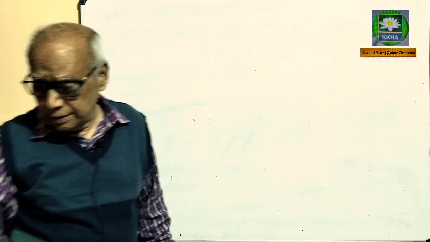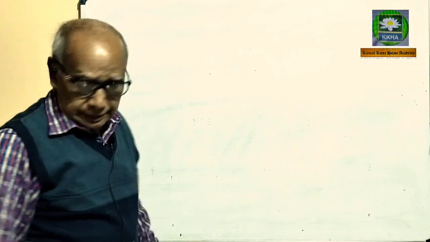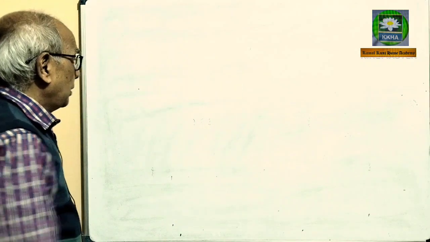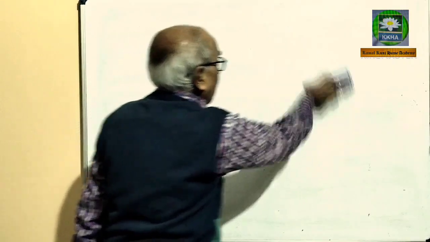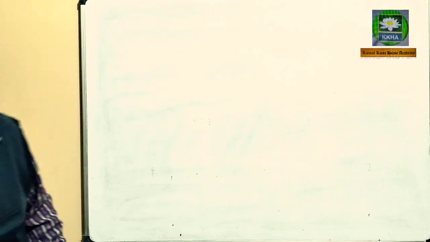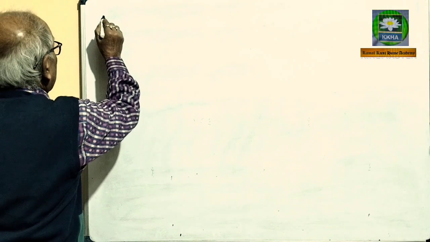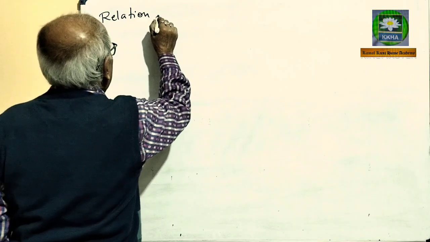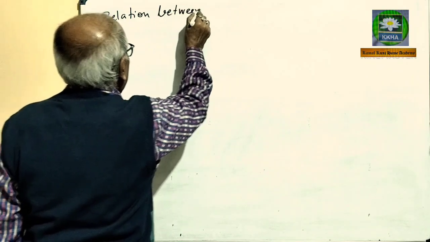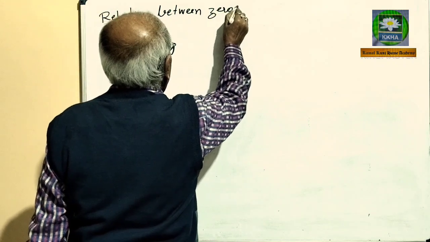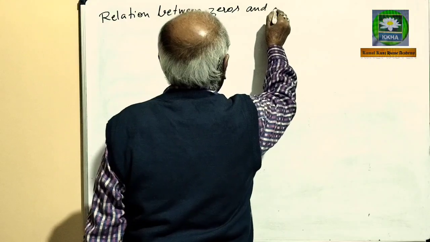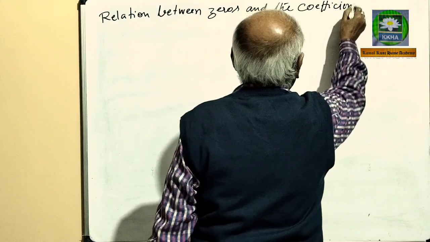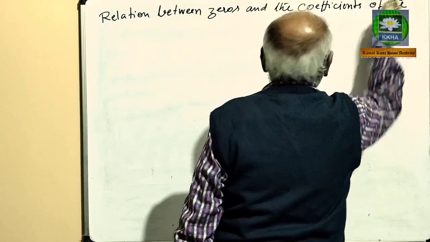What is the relationship between zeros of a polynomial and coefficients of the polynomial?